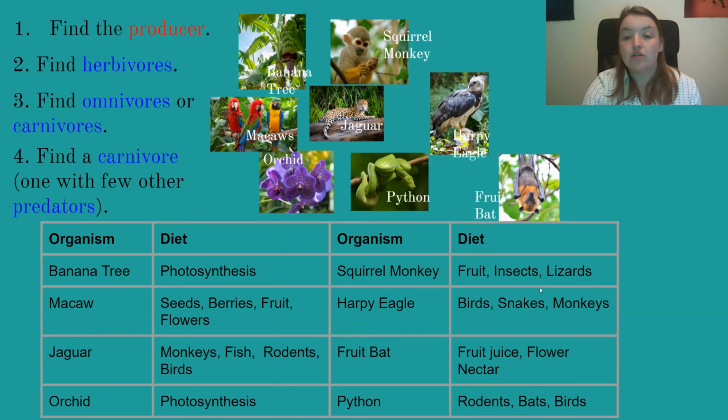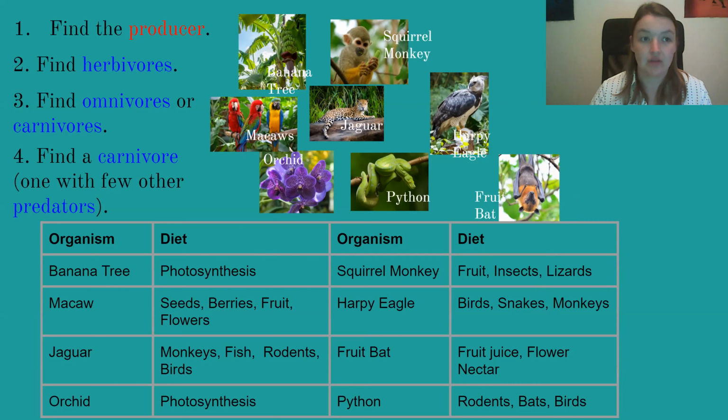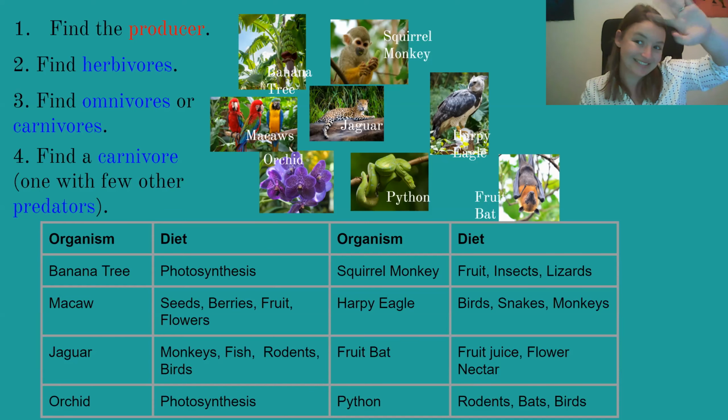So you need to pause the video in a moment and just read through the whole of this table and start to think about what goes at the bottom of your food web and how each of these animals may be connected by using the table with all the information in it. There are steps there to follow. So I'd suggest that you pause the video now.